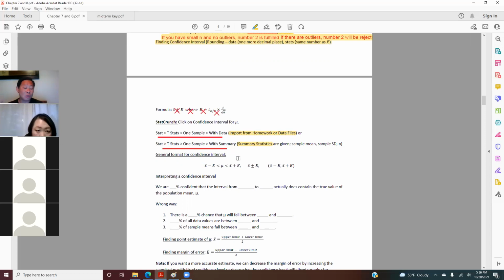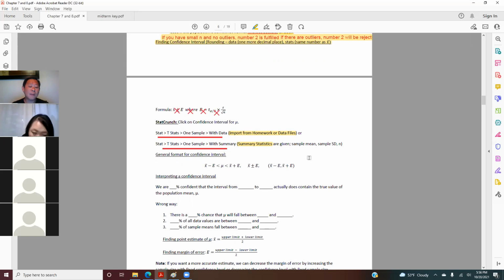Make sure you know which one to pick. You guys with me here? Data means you have data or it is imported from your homework. Summary means the question provides you the sample mean, the sample standard deviation, the sample size, and so on.